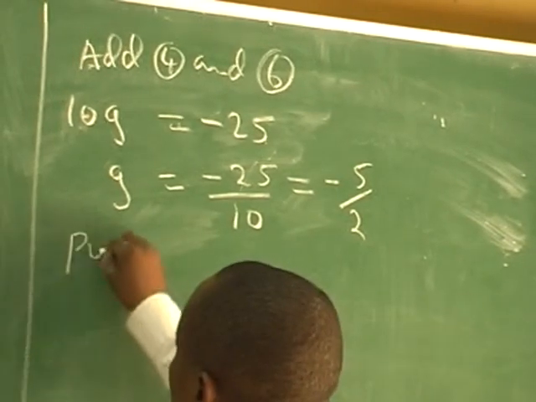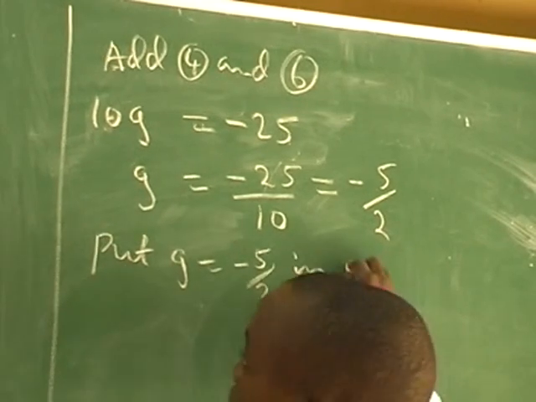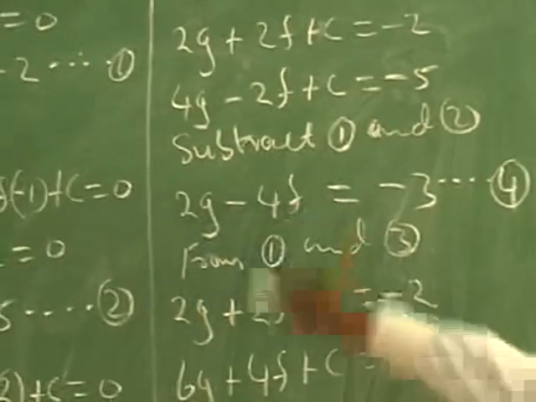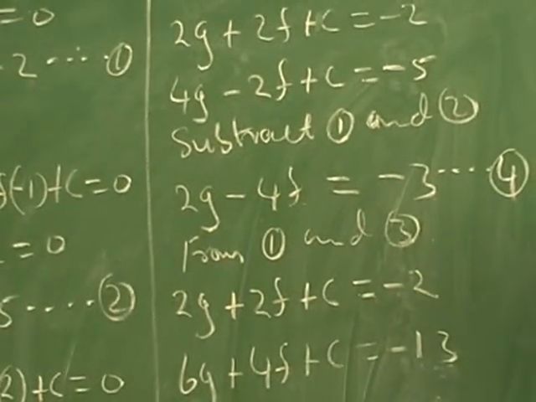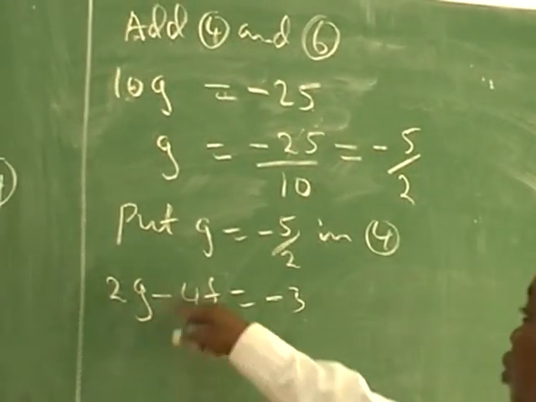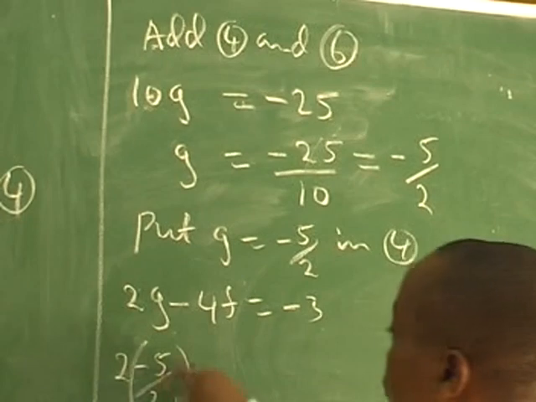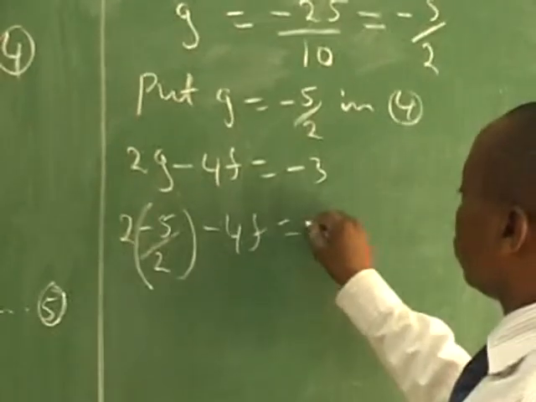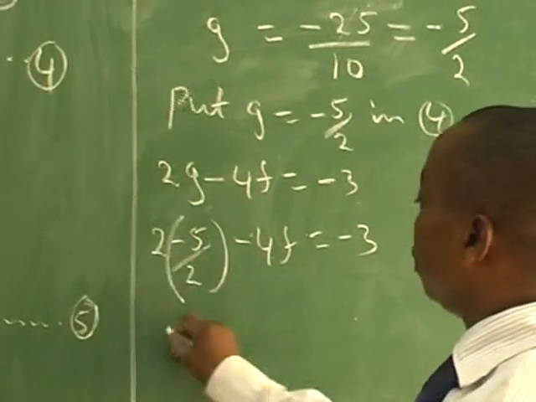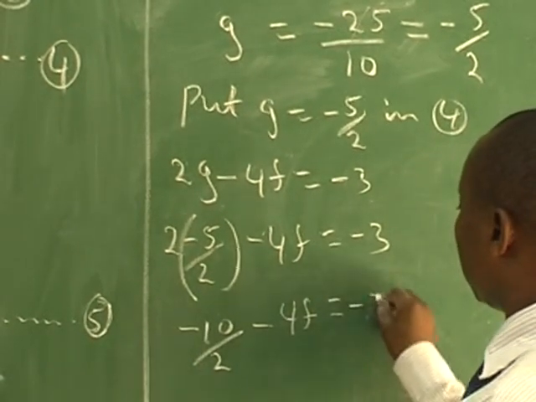Alright, we can now put g is equal to minus 5 all over 2 in equation 4 because we have two variables here. Equation 4 says that 2g minus 4f is equal to minus 3. So if we put g is equal to this, then we'll have 2 times minus 5 all over 2 in the place of g, minus 4f will be equal to minus 3. So now, if we multiply this, we will have minus 10 all over 2, minus 4f equal to minus 3.